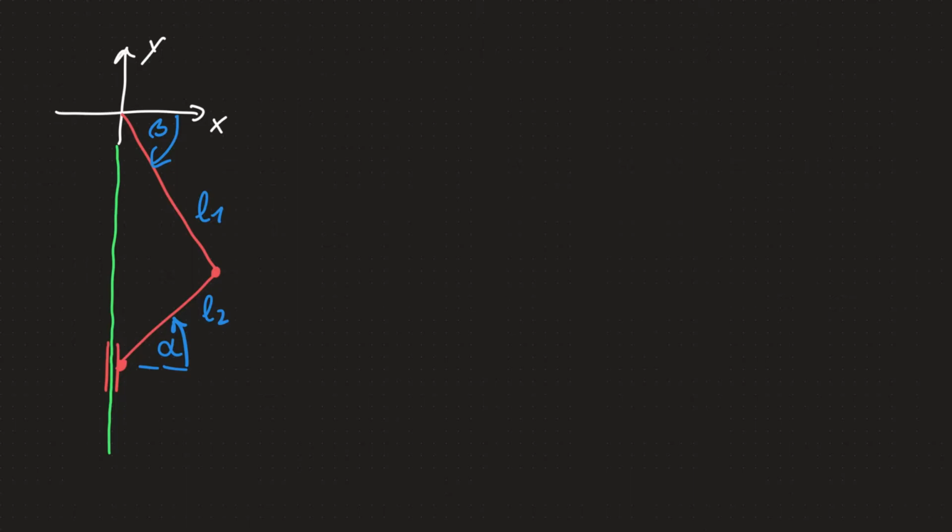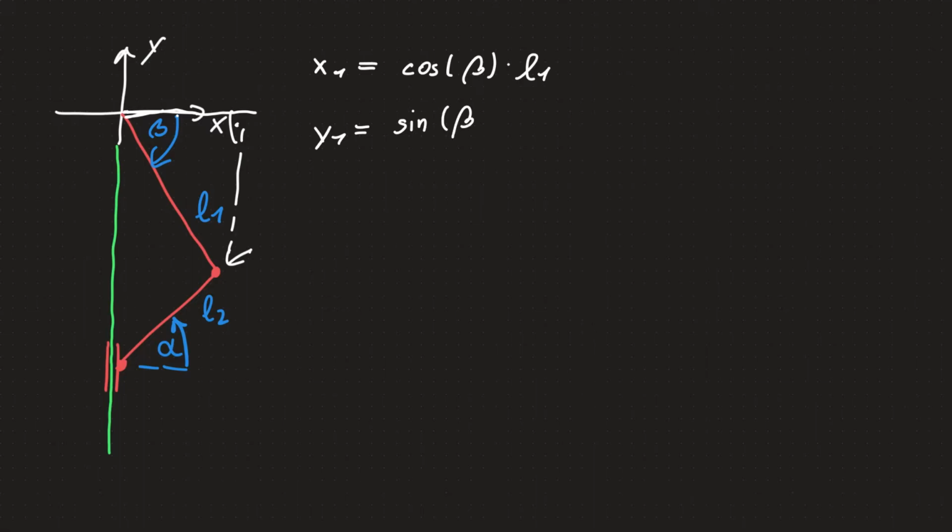We begin by calculating to this point here. x1 equals, in the x direction, the cosine of beta times L1, because we have this angle here, the cosine is this direction, and for the y1 position we have the sine of beta times L1.